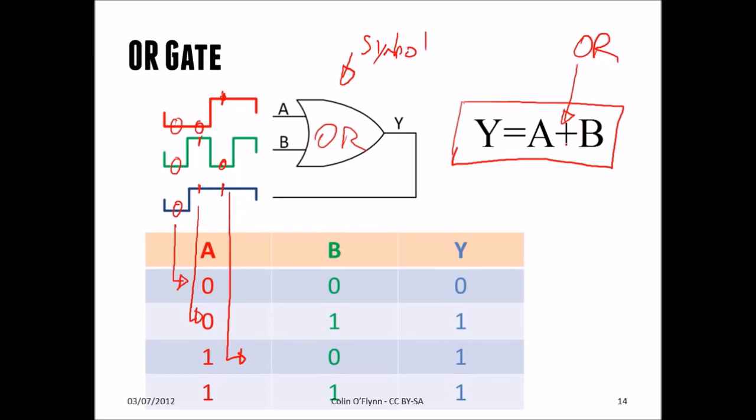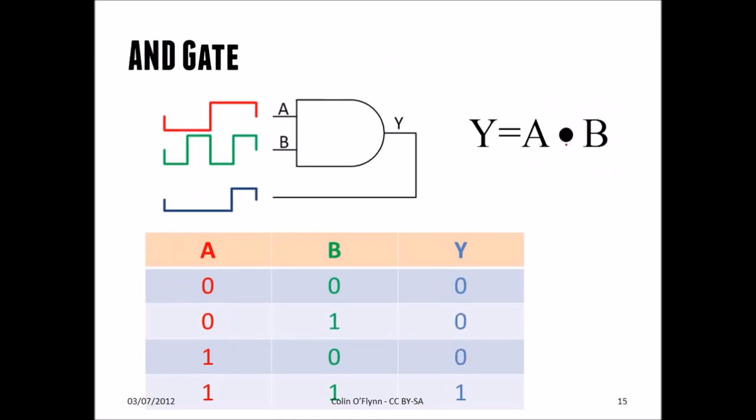So the OR gate's just one of several basic entities we have. The next one is the AND gate. And the AND gate's output is high only when A and B are 1. Again, we have the same input waveform as before, except for the output.